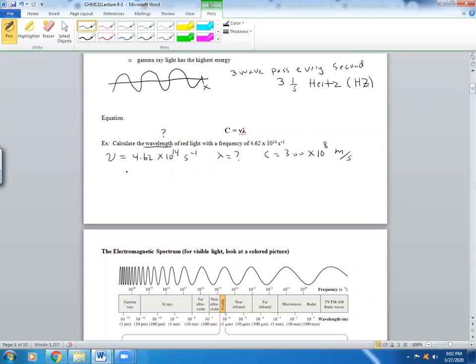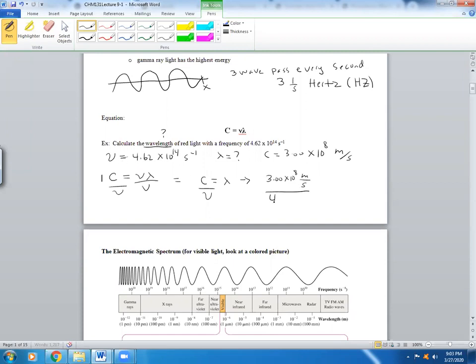So let's set up our equation. We need to solve for lambda, which means we divide each side by the frequency. So that means it's going to be C over frequency equals lambda. So let's plug in. Well, C is 3 times 10 to the 8th meters per second.